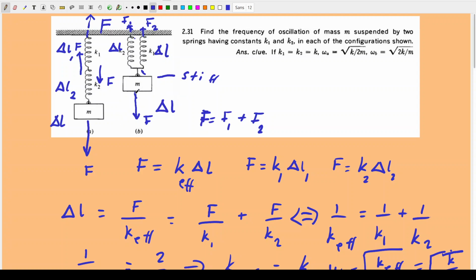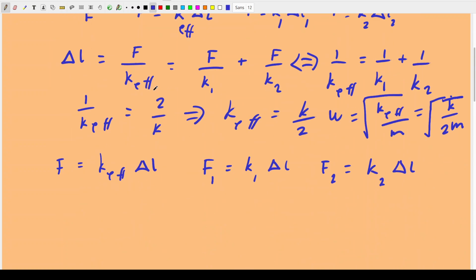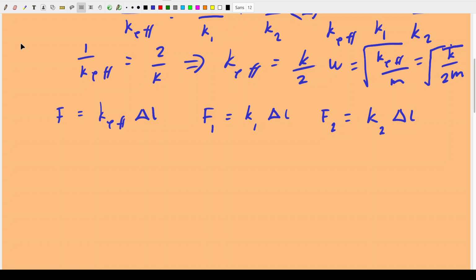Because when you extend this a certain distance, the same will happen to the springs up here. So, okay, from these equations, we have kf delta L equal k₁ delta L plus k₂ delta L.